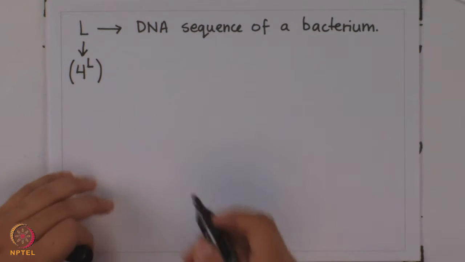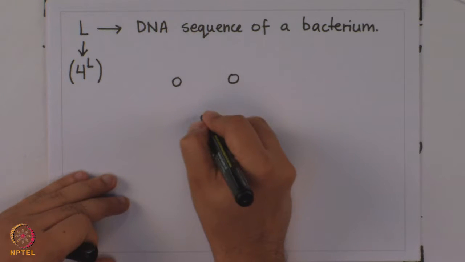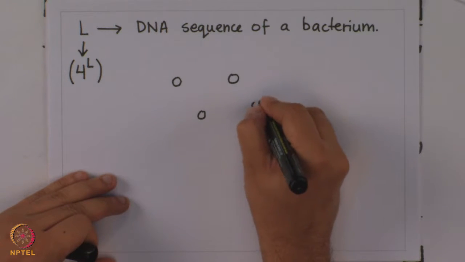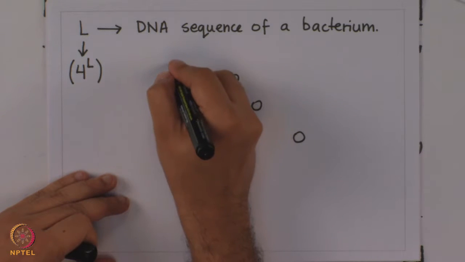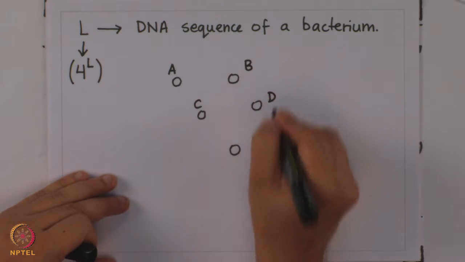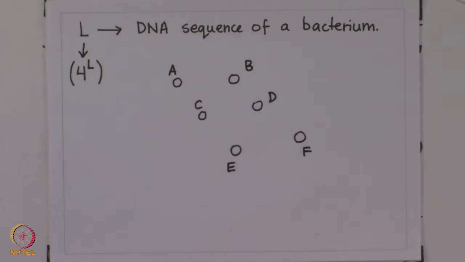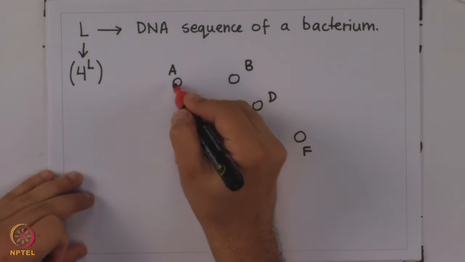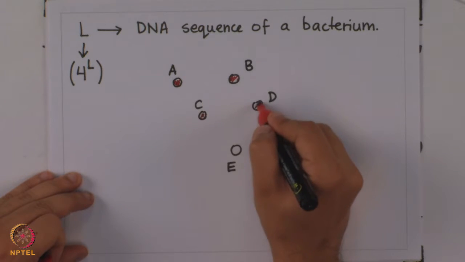Maybe let us just draw a small section of this graph, and let us say these are 6 nodes on this graph. Let us number them, call them A, B, C, D, E, F. And again, consistent with what we have been defining so far, each one of these nodes represents a particular sequence. Now, not all are going to be connected with all.